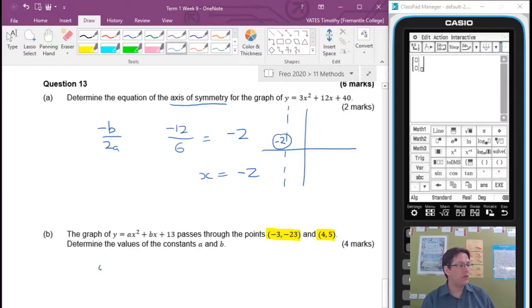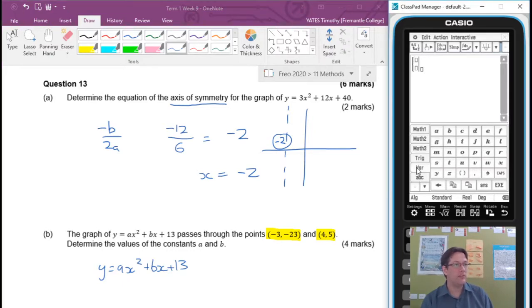So let's make that up. y equals ax squared plus bx plus 13. Oh, sorry, x equals -3. So I'm just going to put that in here. If y is -23, I'm going to write -23 equals a times -3 squared plus b times -3.